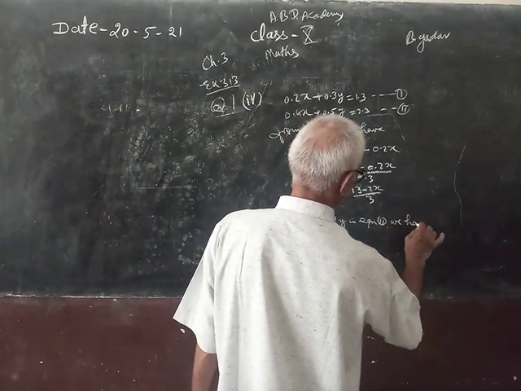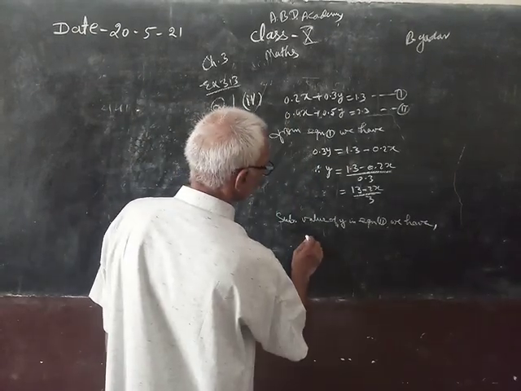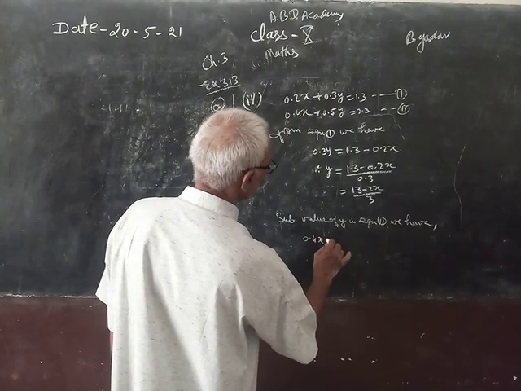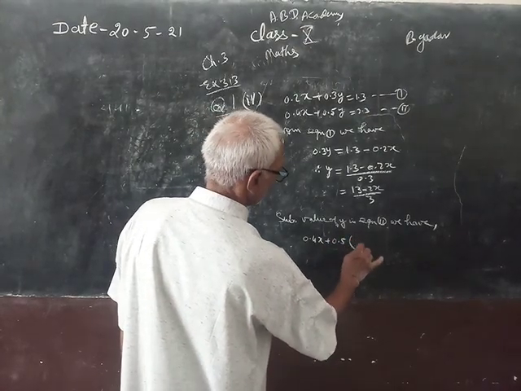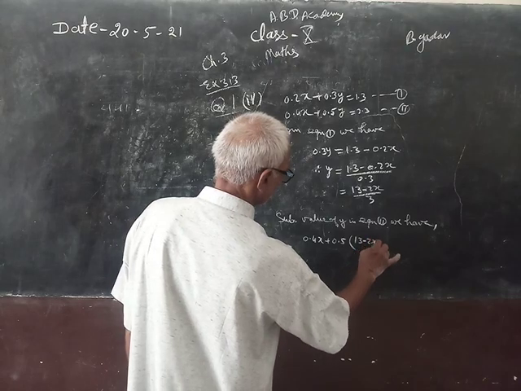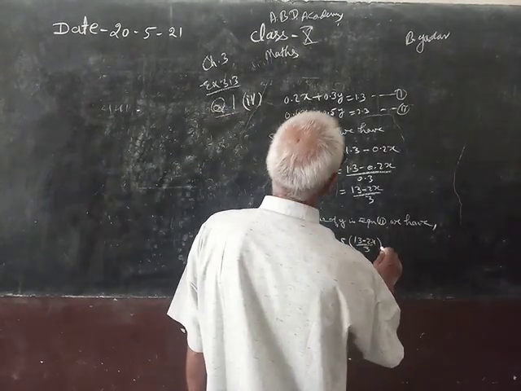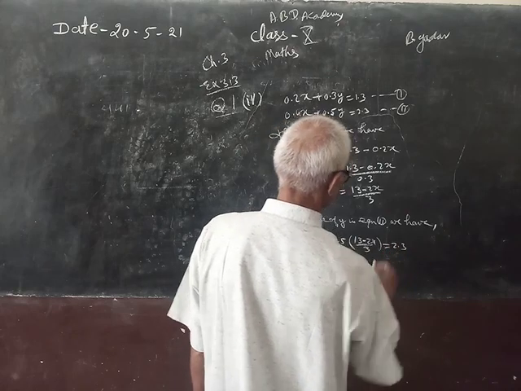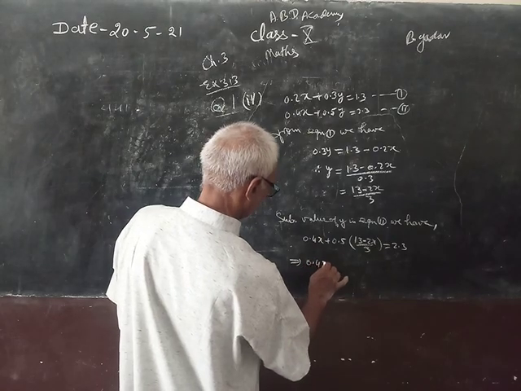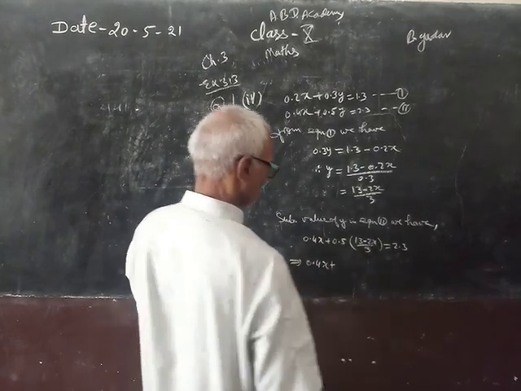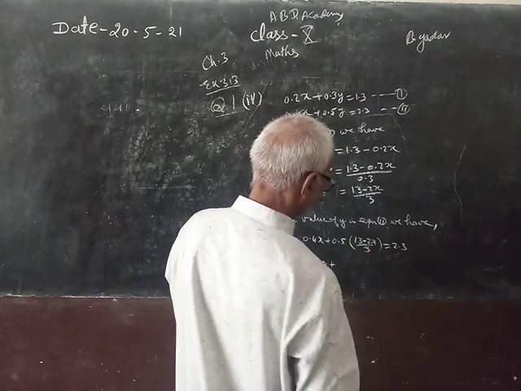We can write 0.4x plus 0.5 and y is (13 minus 2x) upon 3 is equal to 2.3, which implies 0.4x plus 0.5 multiplied by (13 minus 2x) upon 3.